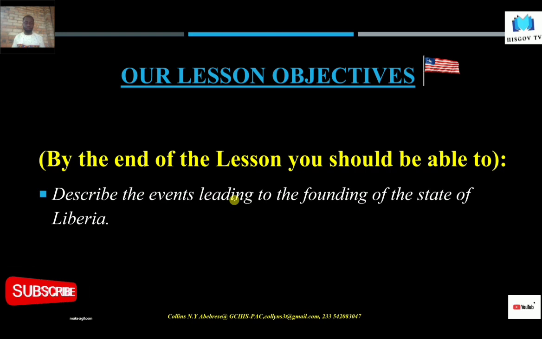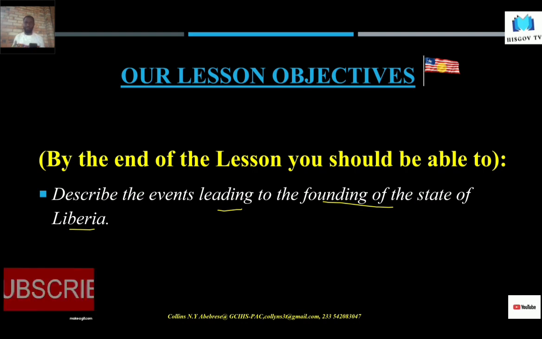Let's look at our lesson objectives for today. As I've already indicated, we are going to look at the events that led to the founding of the state of Liberia today. This is the flag of Liberia, and it looks more or less like that of the United States flag.